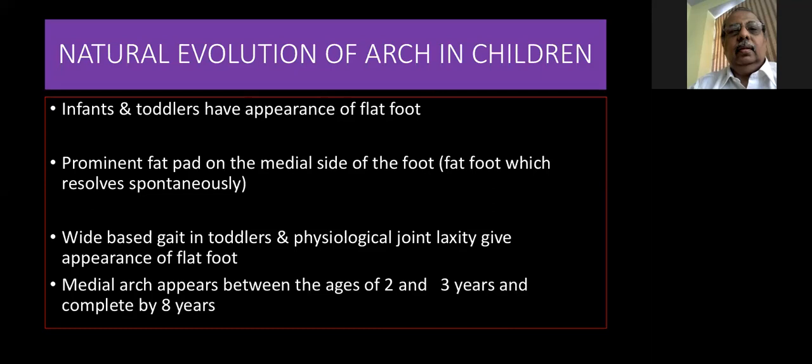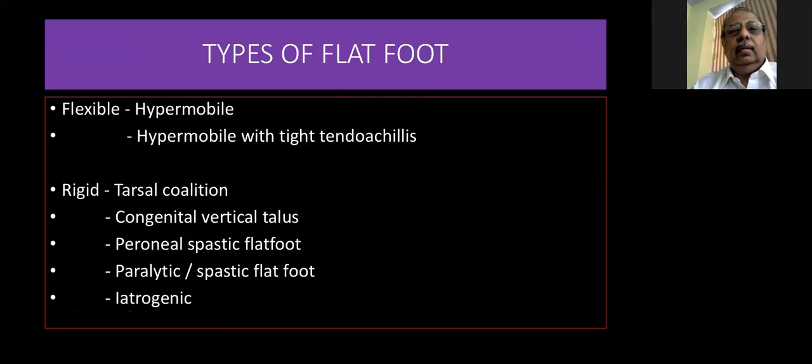The second problem when the child starts walking is the wide-based gait, and physiological joint laxity. So there are 3 causes: the fat underneath the sole of the foot, the wide-based gait, and the joint laxity, and all these lead to the appearance of a flat foot. The medial arch starts appearing by the age of 2 to 3 years and is complete by 8 years.